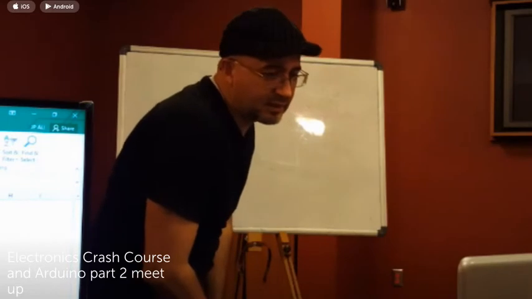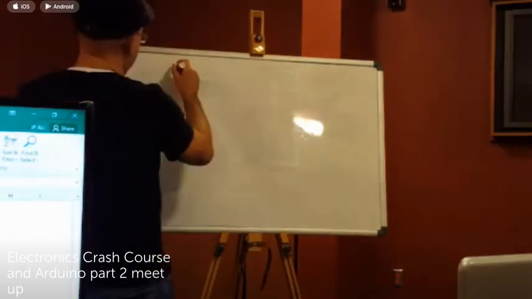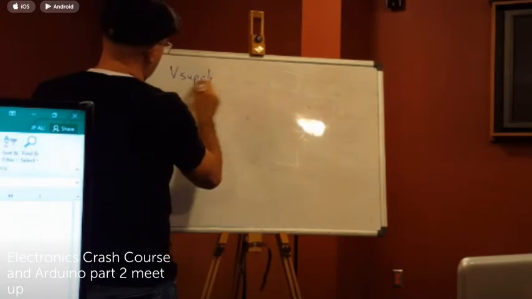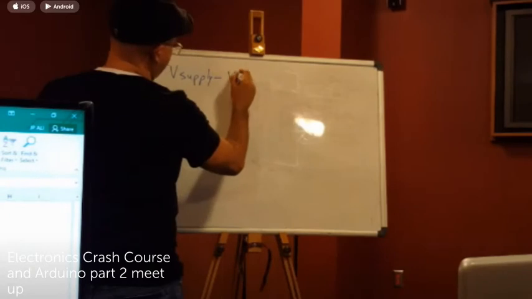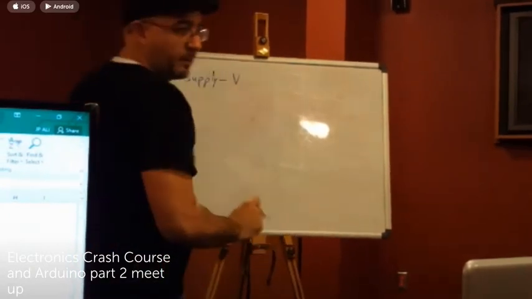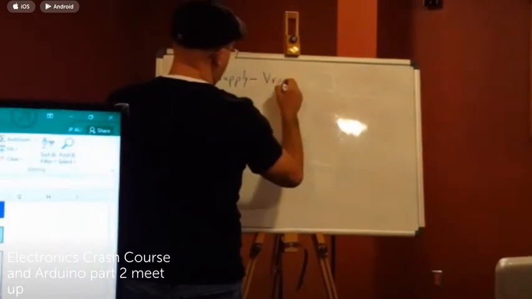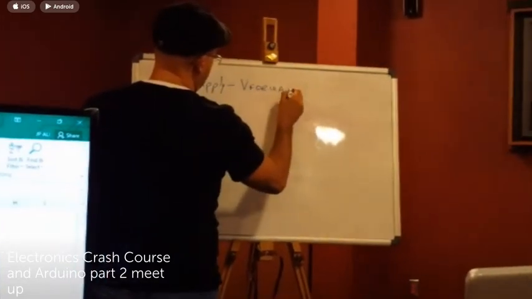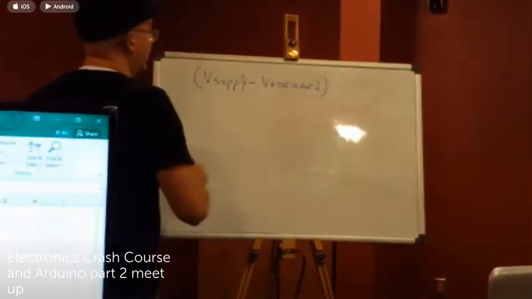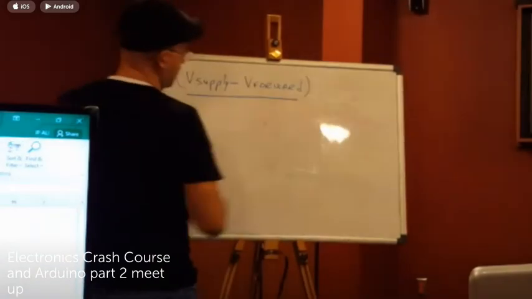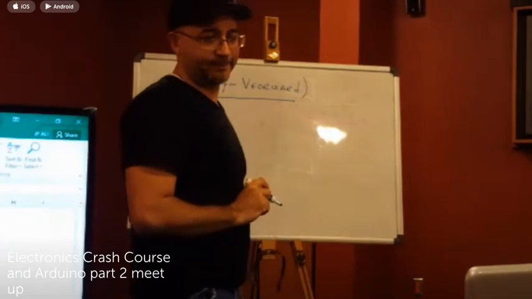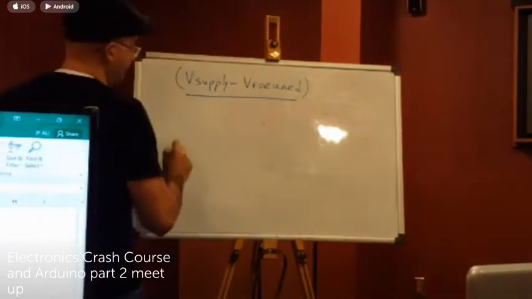we basically need the voltage of the supply minus the voltage forward. We need to calculate that difference, and then this is going to be divided by the current, the forward current.